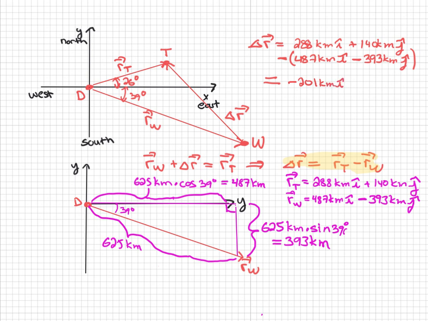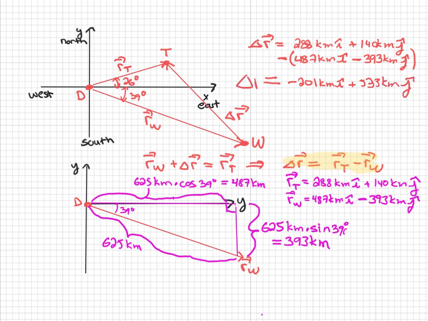And now, since I'm subtracting a negative number here, I've got to add 393 to 140, and I get my y component is going to be plus 533 kilometers times j hat.